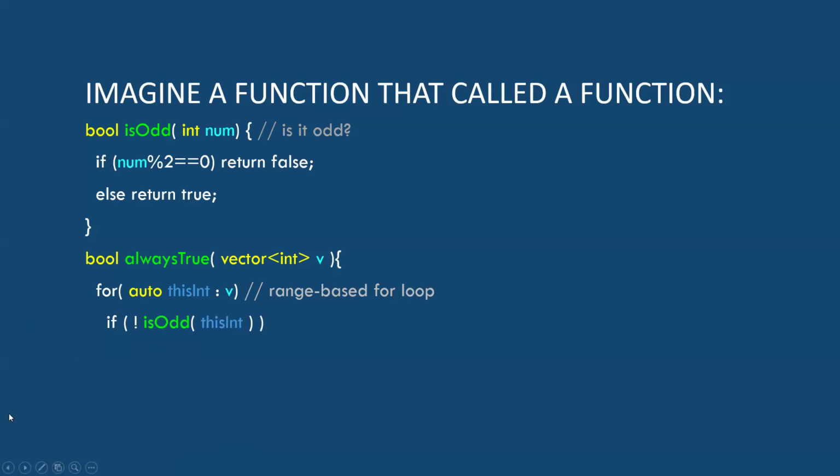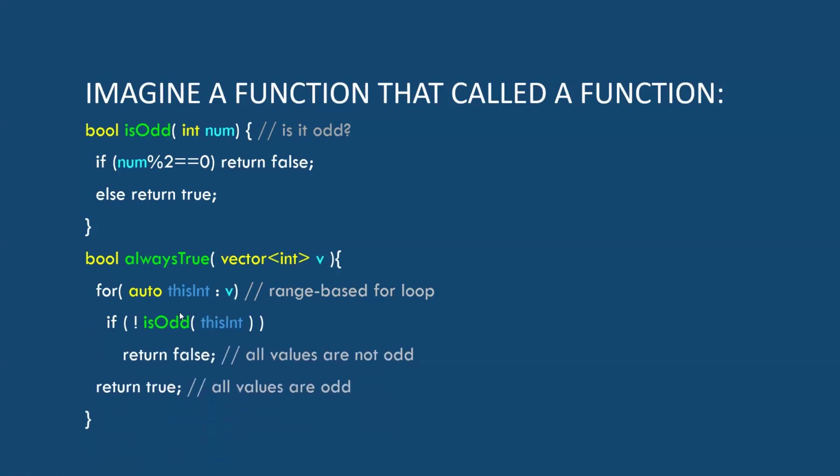I would write this function called isItOdd, and if its modulo is equal to 0, I return true. And inside of my always true function, I'm going to loop through this thing. This is a little tricky, but this is part of the for, and this is part of the if. So if I hit even one thing that is not odd, then I leave immediately.